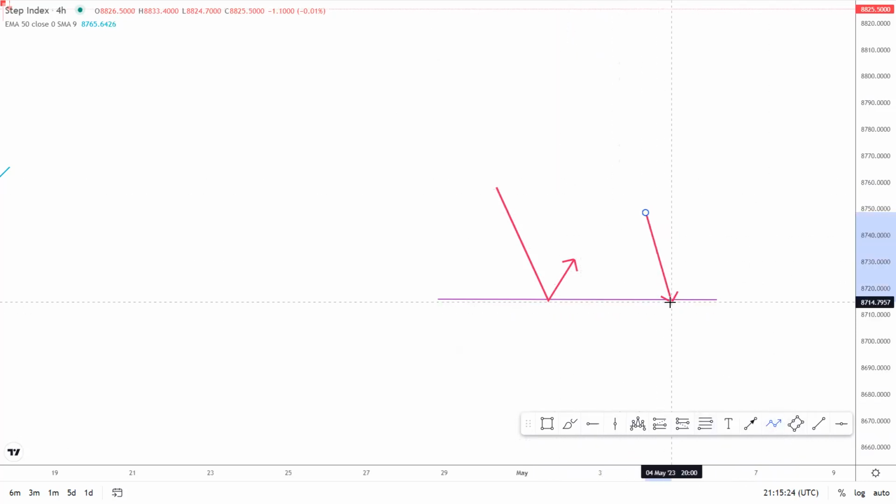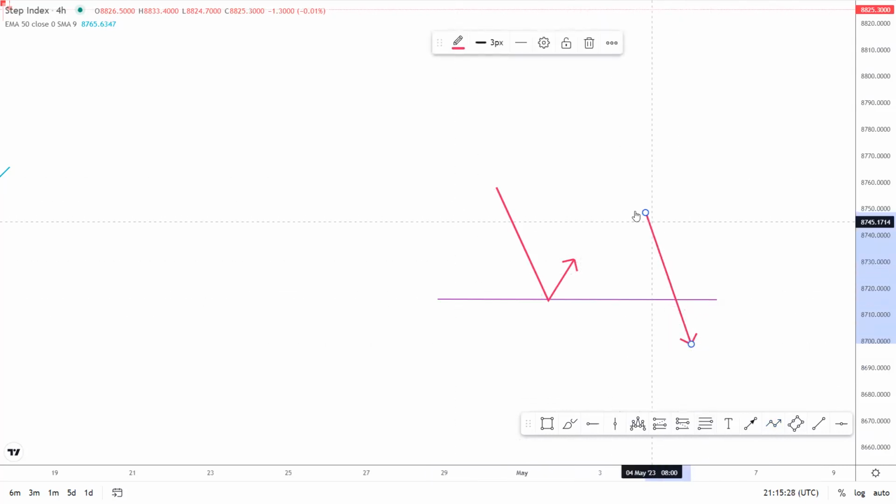I'll have a break of the level. So these are the things that will most likely happen once price tests a level.